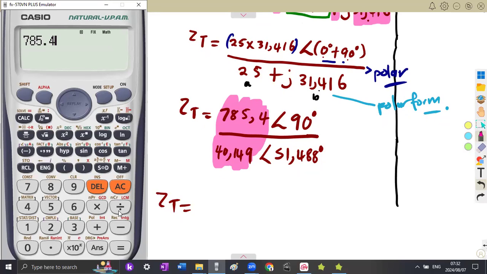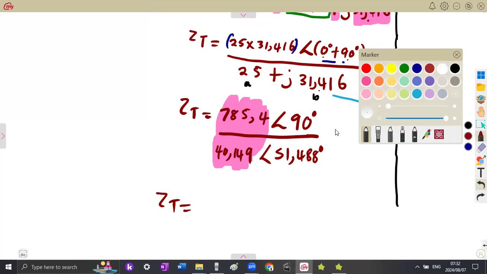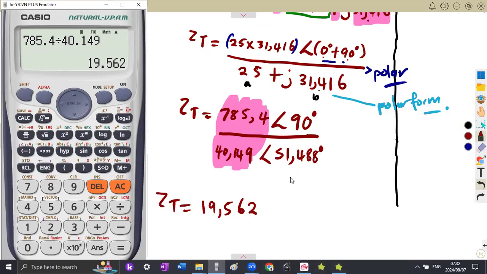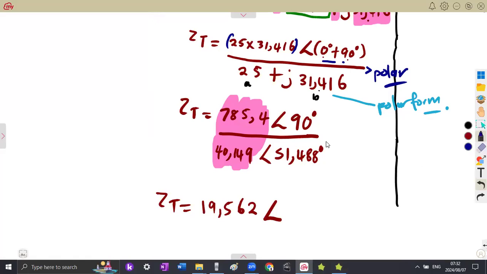785,4 divided by 40,149. So this was going to give us 19,562. Okay, then the angles, you subtract. You're dividing, you subtract. So it's 90 minus 51,488.